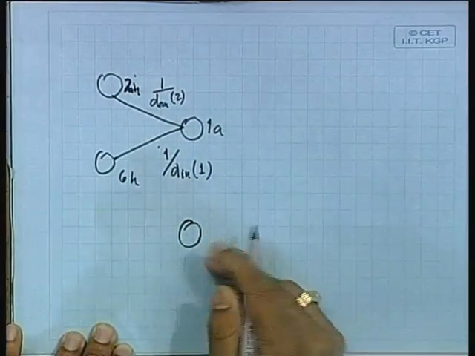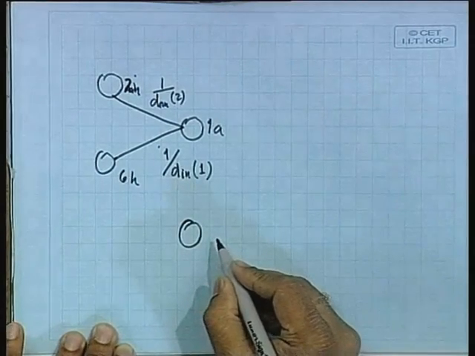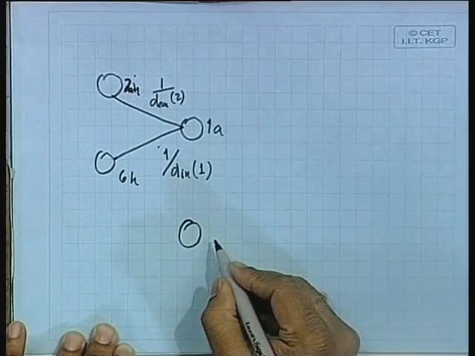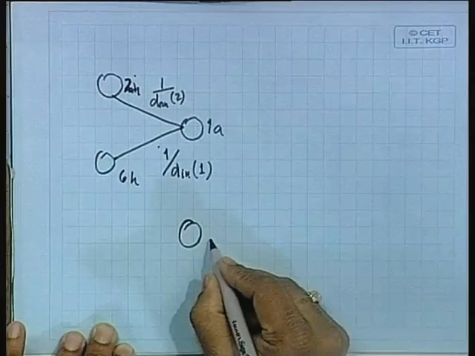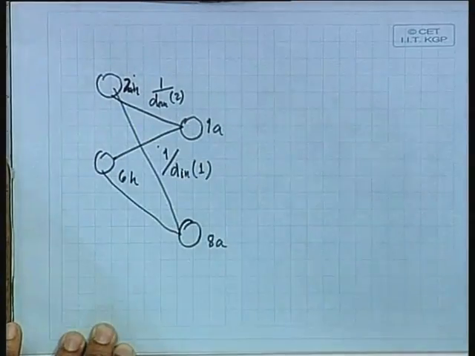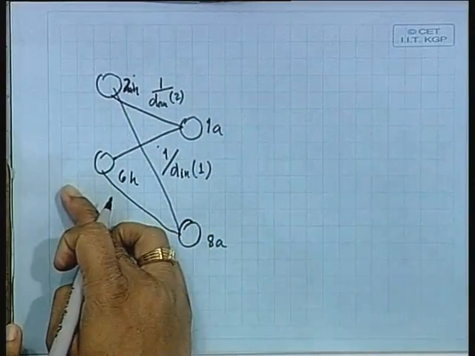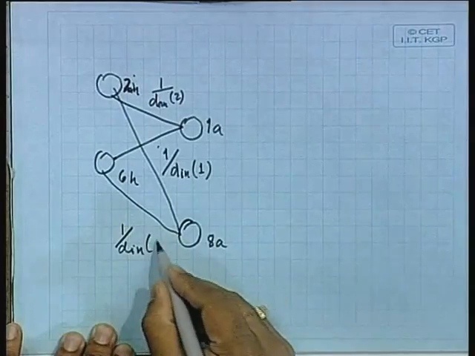Now, suppose there is another node here. Is there anything else in this picture? There is no other common node between 2 and 6, but suppose there is something called 8A here, and again there are these edges. So, coming down this is always 1 by d out 2, but going back is now 1 by d in 8.